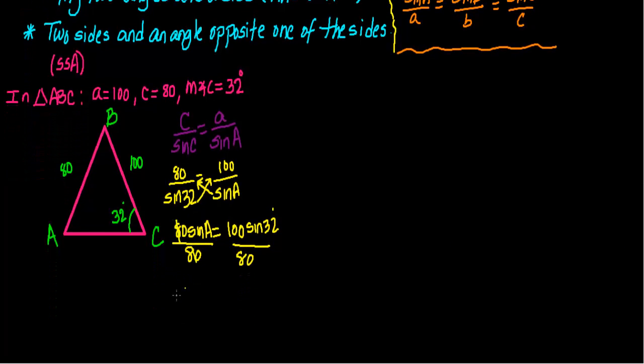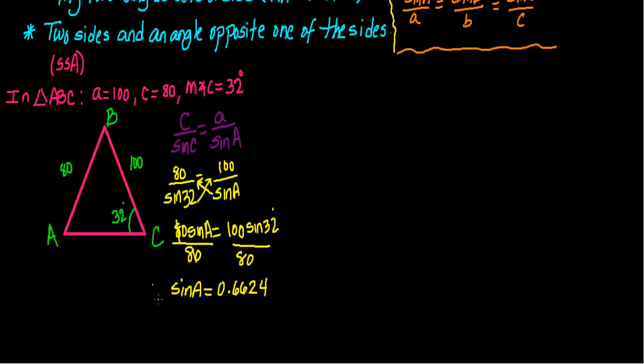The 80 cancels out, and then we have that the sine of A is equal to 0.6624. Make sure your calculator is in degree mode.